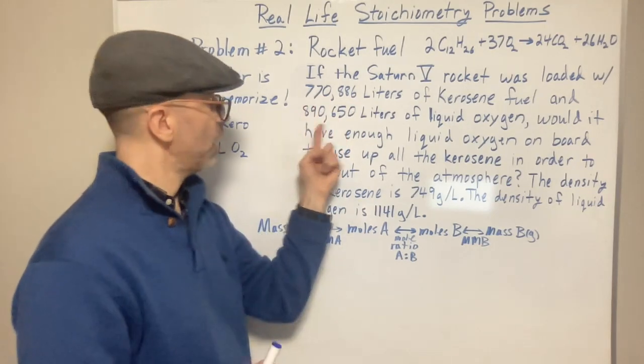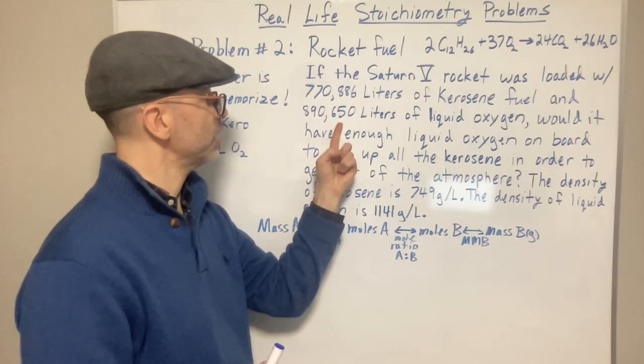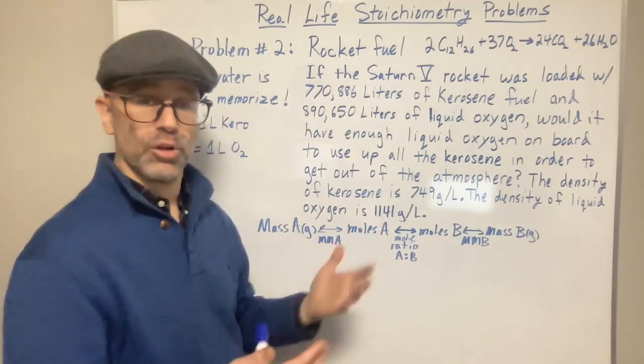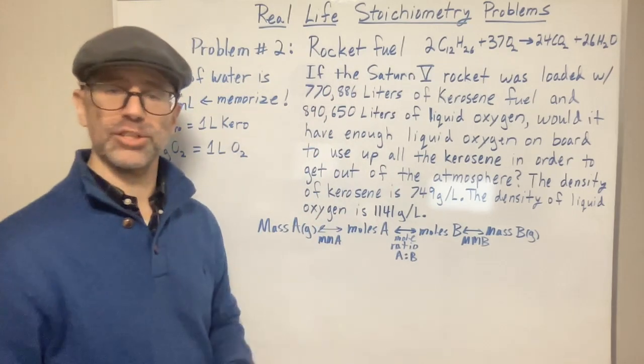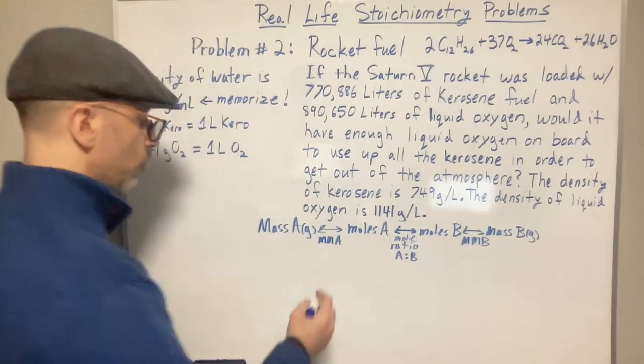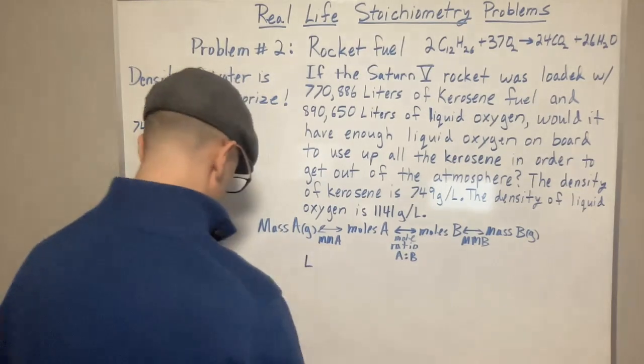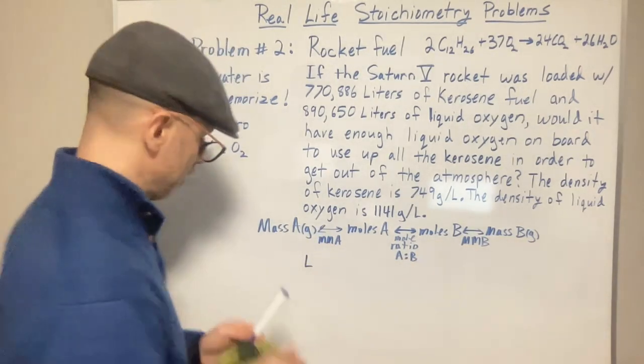But if the number of liters of kerosene we get is less than this number, then we have enough. So let's go ahead and calculate the liters of kerosene. So we want to start with the liters of oxygen. I'll write this down here.